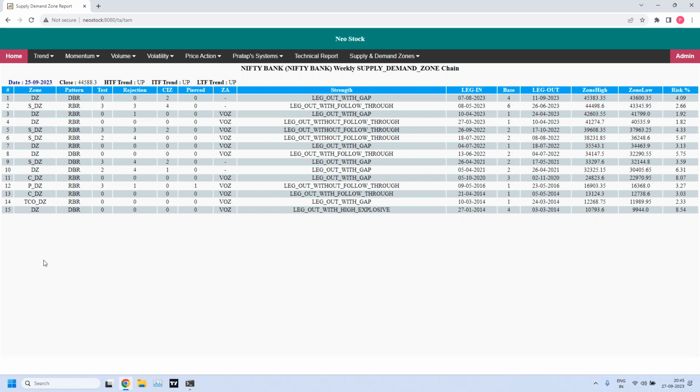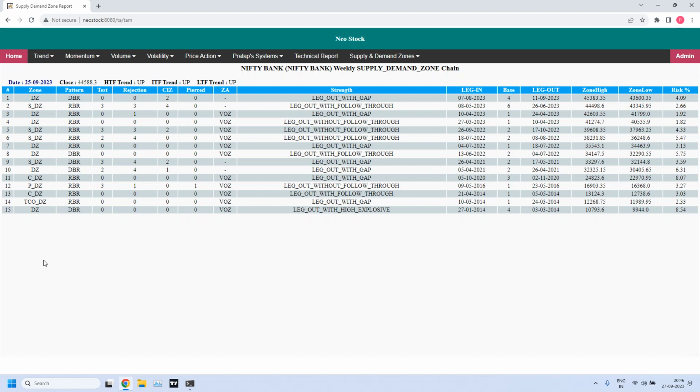S underscore DZ, that is support demand zone, or R underscore SZ, that is resistance supply zone. That is the second level highest priority. TCP underscore DZ or SZ, that is counter trend related high priority zones.